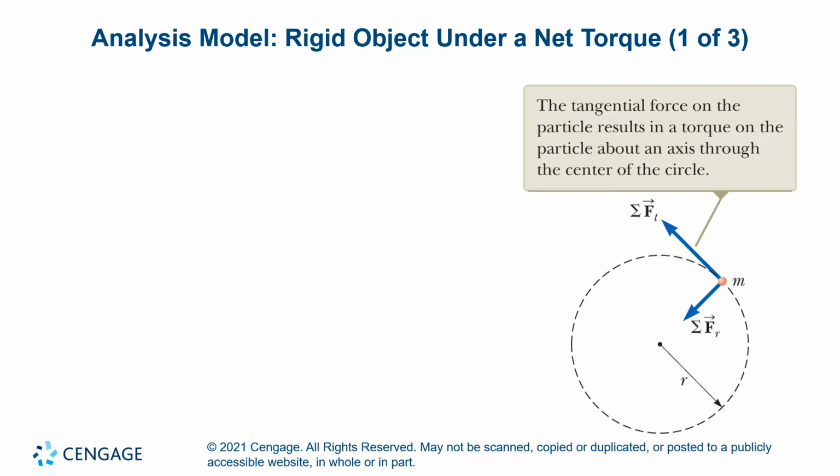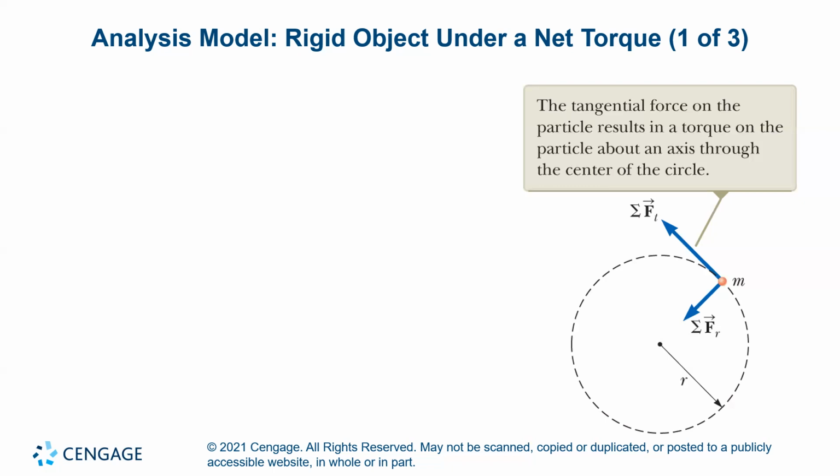If you break down the net force acting on the mass into two components, the net force has a tangential component and also a radial component. The summation of Fr, the radial component of the force, is the component that makes the mass constantly change direction and move in a circle.